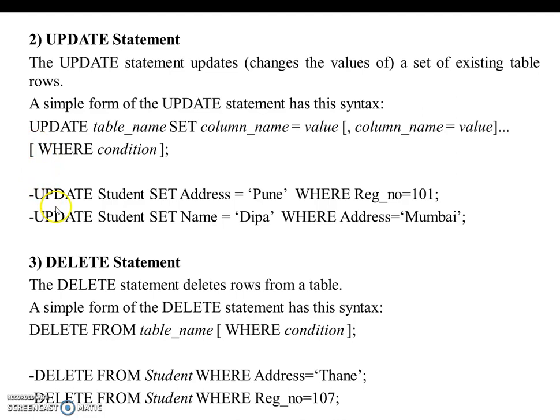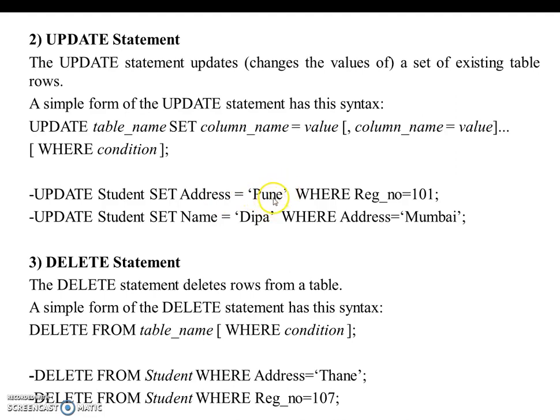So let's go for an example. Update student set address equal to Pune where register number is 101. What will happen? It will go to the student table and find the address. The address is a varchar, hence it is given in single quotes.